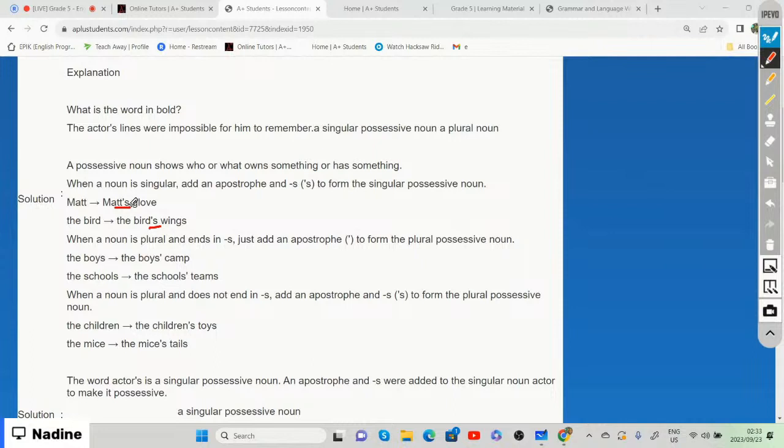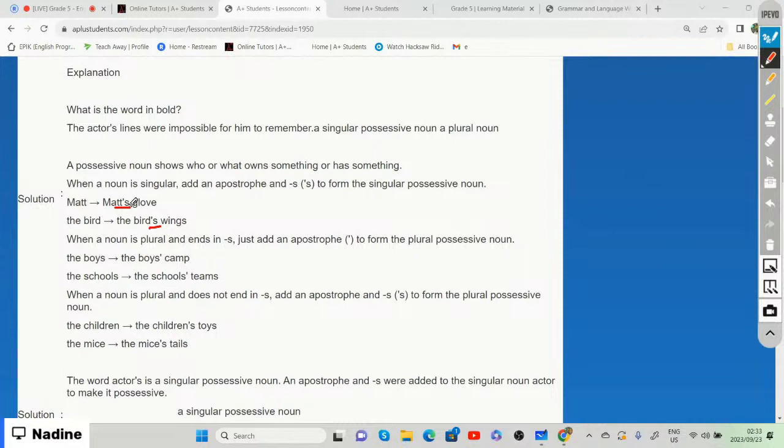And when a noun is plural, right? When it refers to more than one. So when the noun is plural and it ends in s, then we just add an apostrophe to form the plural possessive noun.